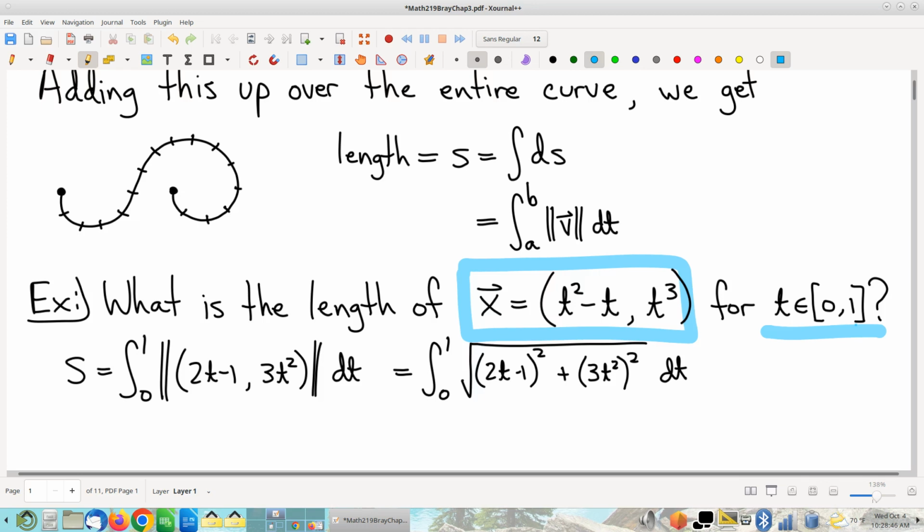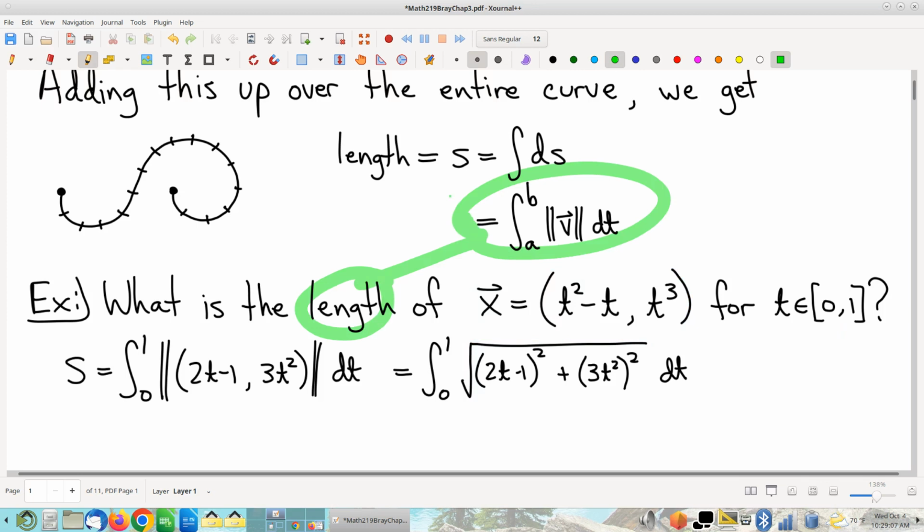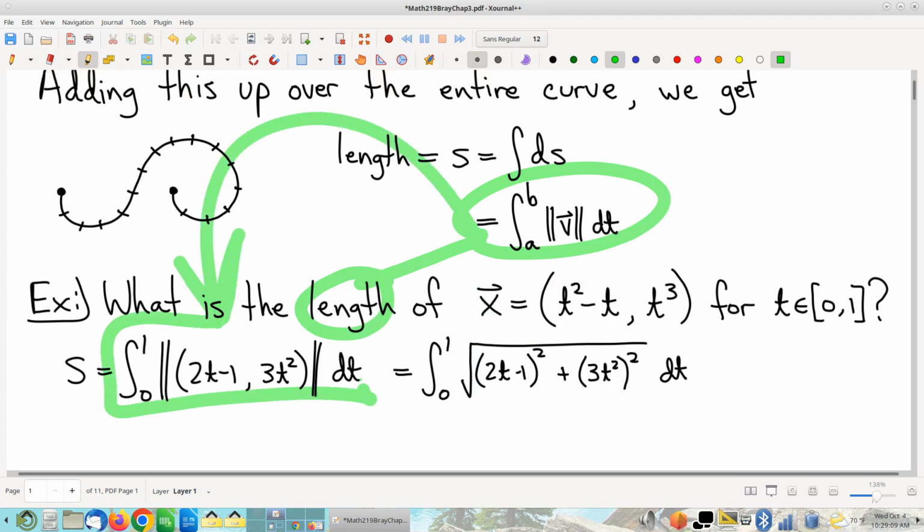It's not an immediately obvious question to answer, and it's also entirely unnecessary. We really don't need to know what this thing looks like. So we're just going to plug right into our formula. You want to compute the length of a parametric curve. Length is that formula, which I write down there.